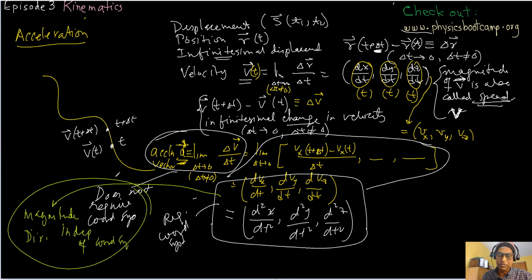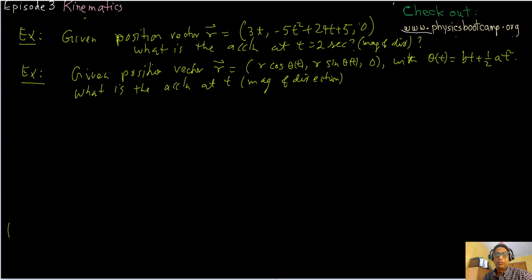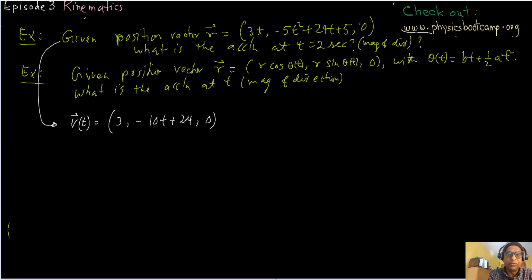Let's do a couple of examples that we did earlier, but in this case we figure out the acceleration as well. Okay, so these were two position vectors given, and in each case we want to find the acceleration. We have already figured out the velocity. Let's do this one. You can do it and come back and see what I got and what you got. First we have the velocity vector at some arbitrary time, and I take a derivative of that: 3 minus 10t plus 24 and 0.